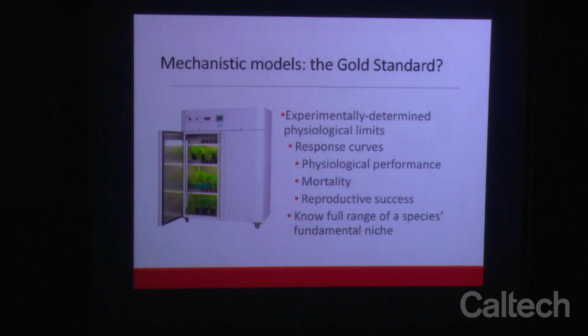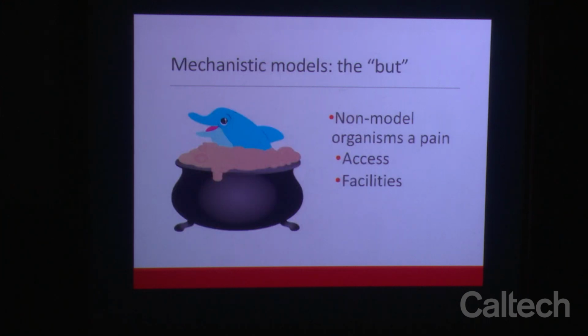Okay, so mechanistic models are really useful. They're kind of the gold standard in a sense. They're experimentally determined. These generate response curves and, again, focus on physiological performance, mortality, and reproductive success. And that does give you effectively more of the fundamental niche as opposed to the existing fundamental niche. But that's very, very useful. But the problem is that these data are hard to come by, especially for non-model organisms.